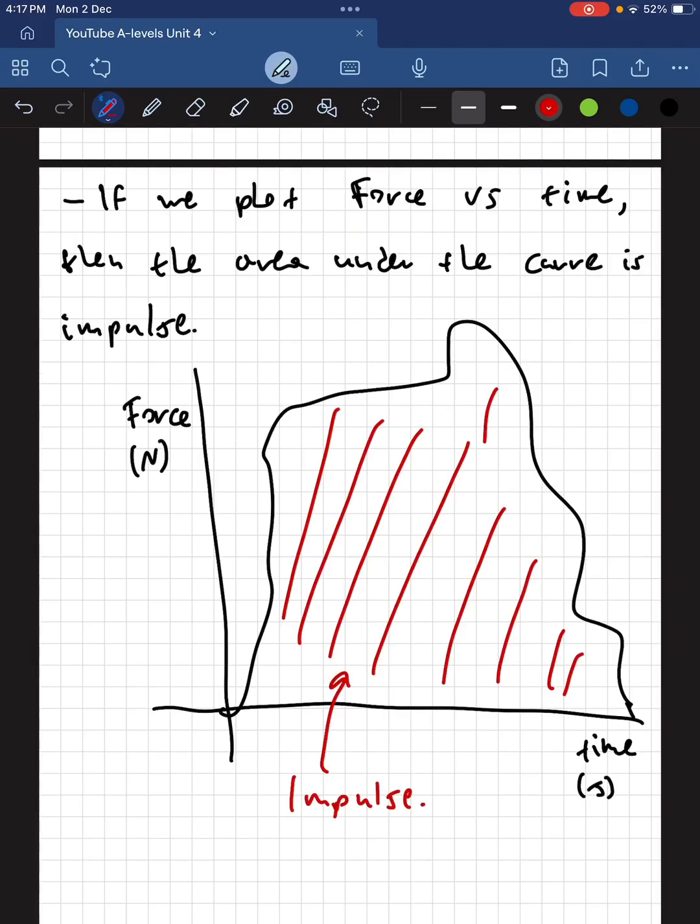And in the occasion when they ask you to calculate the impulse from a graph like this, all you have to do is to count how many squares there are under the graph. I know it's going to be brutal, but you take this as one square and then you calculate how many full squares there are in here.